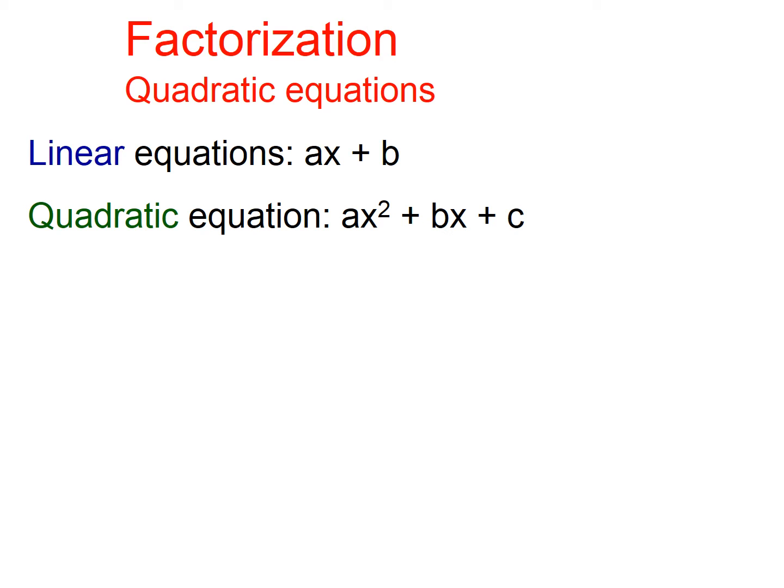Quadratic equations are basically very similar to linear equations, except they have this additional term where one of the variables is raised to the power 2. So quadratic equations are specifically where one of the variables is raised to the power 2, and those equations have forms that look like this, or like that, sometimes even like that, but we're not going to go into this.